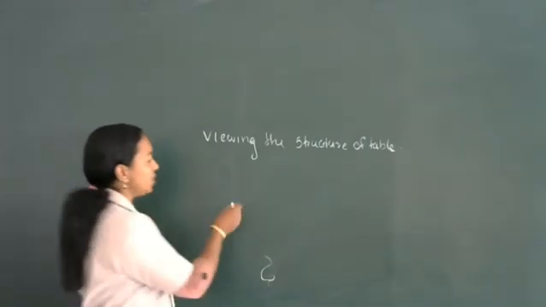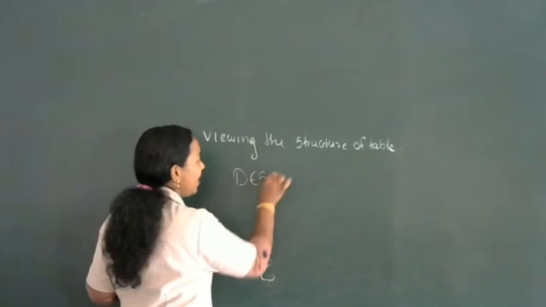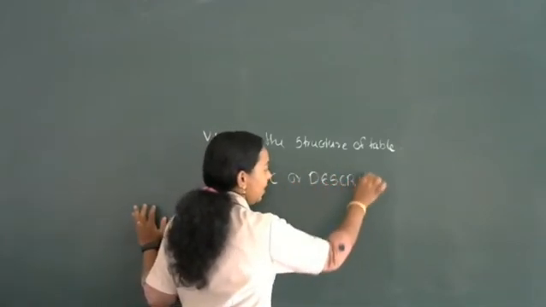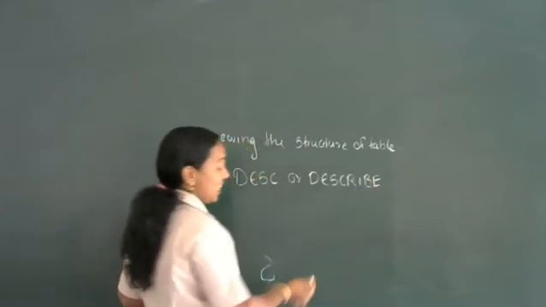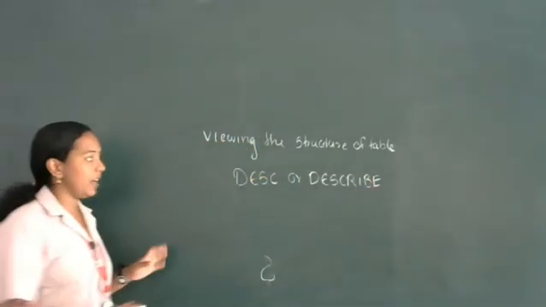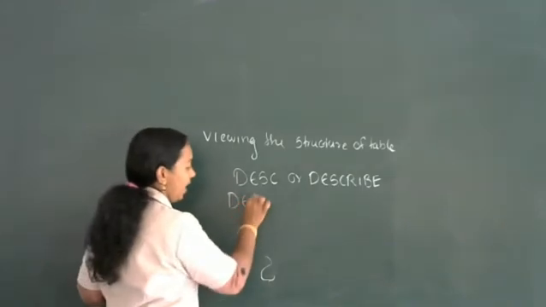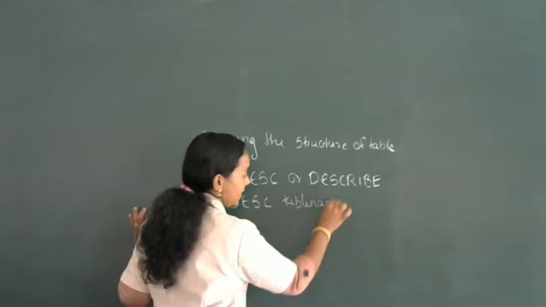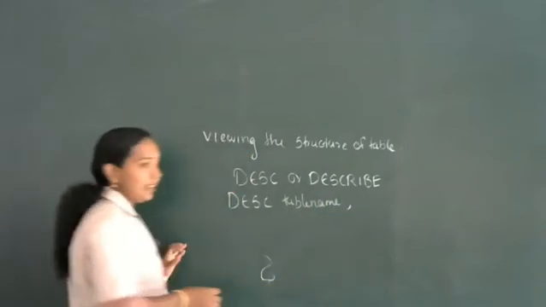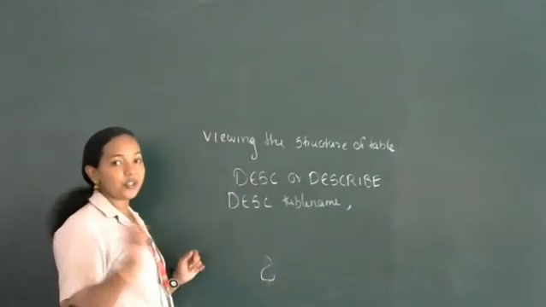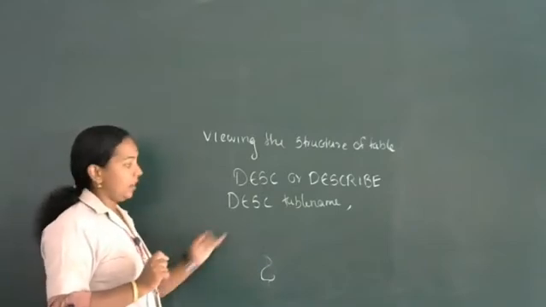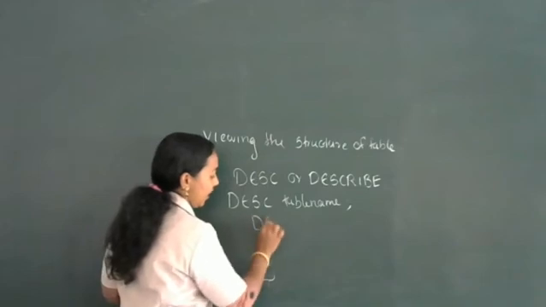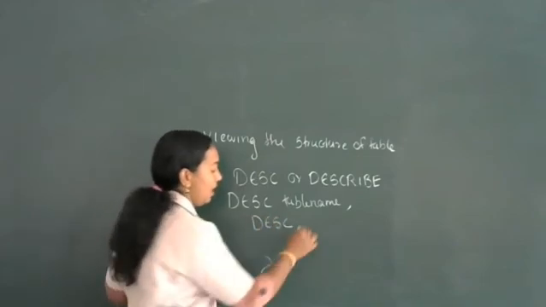Then we can use the command called DESC or describe. We can write like this: DESC table name. If we write like this, then we will get the entire structure of a table. Then after that I will explain one with a suitable example.